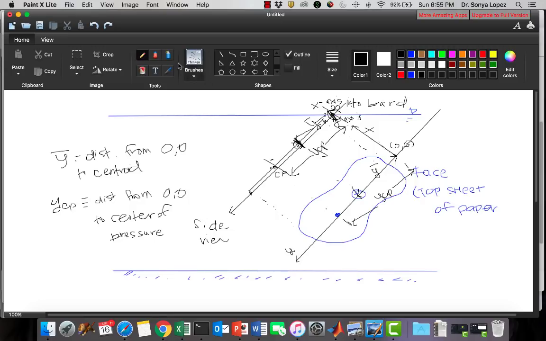Now, if we go back to our definitions, we have a force acting at our center of pressure.